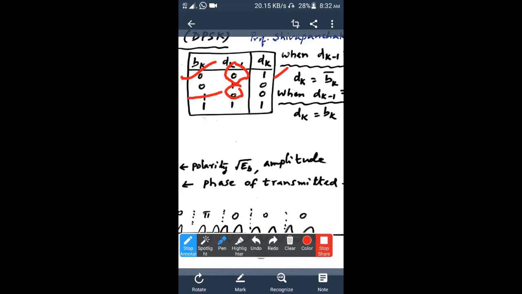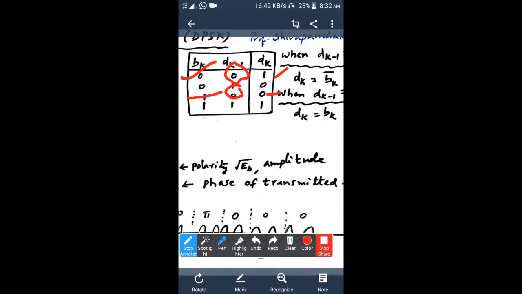Similarly, in the third case, when BK is 1, DK is 0. So what do you conclude from this? DK minus 1 is 0 in both the cases. So we go to the condition of DK minus 1 being 0. If BK is 0, DK is 1. If BK is 1, DK is 0.